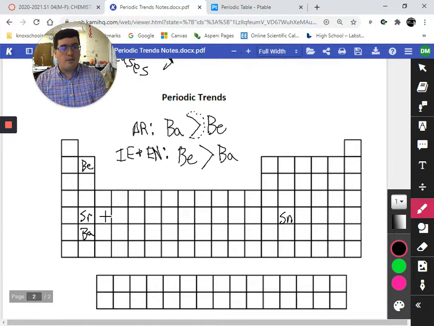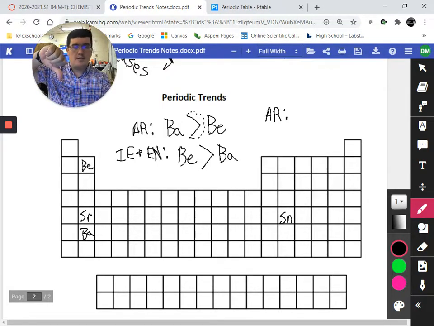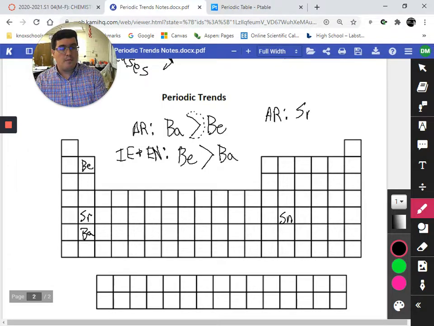So if I want to compare those two, if I look at atomic radius, remember what happens to atomic radius as you go across. Atomic radius decreases. So which one's bigger here? Well, strontium is going to be bigger than tin. It's going to have a larger atomic radius. And then for ionization energy and electronegativity, I just remember that those are opposite.